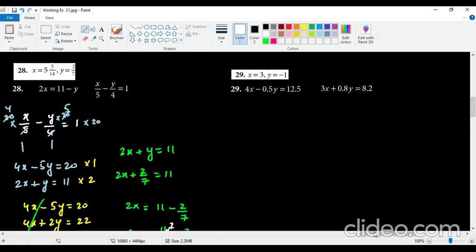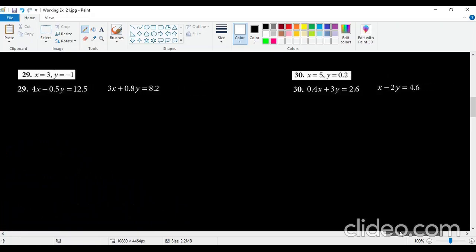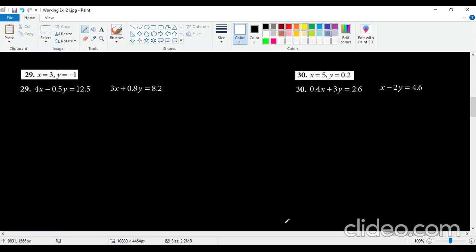Now comes question number 29. As you can see in this question, it says 4x minus 0.5y equals 12.5, and the second equation is 3x plus 0.8y equals 8.2. So I'll be making x equal.